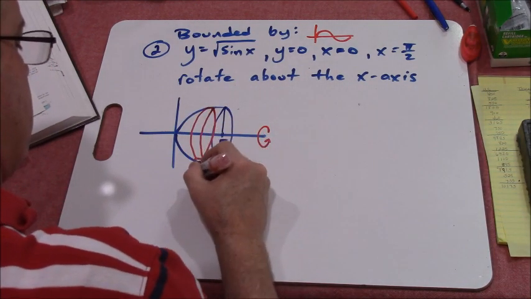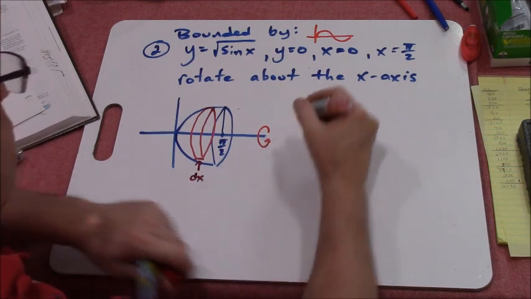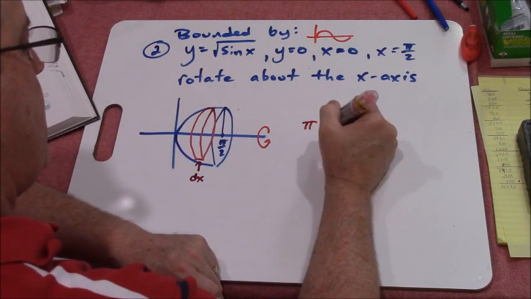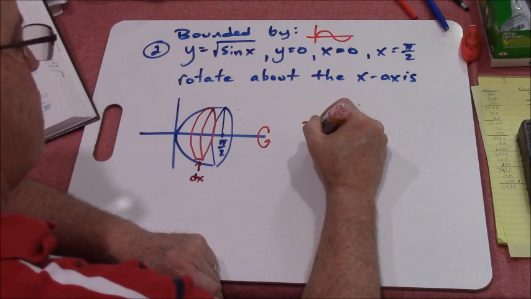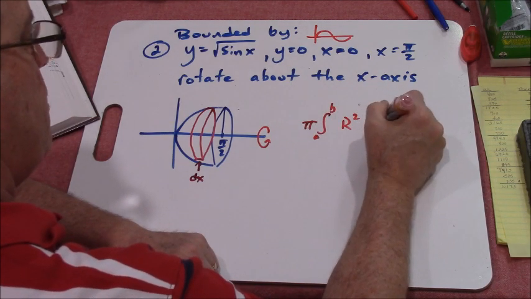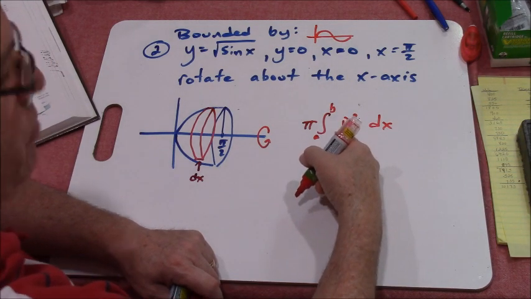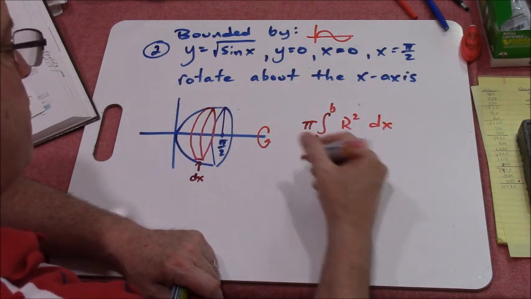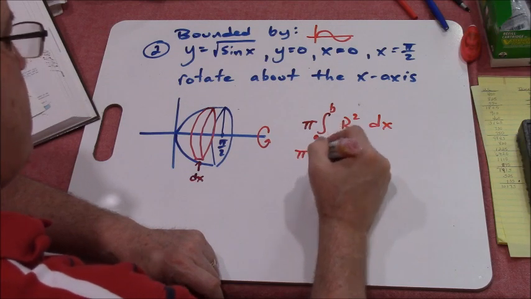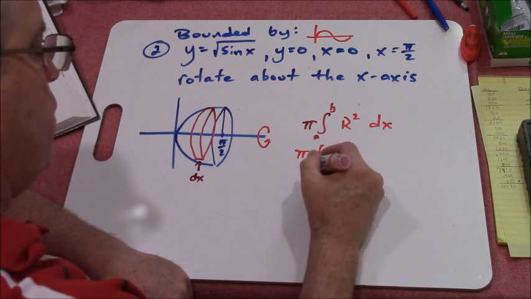My thickness runs in the x direction. And so what I have is pi times the integral from a to b of r squared dx. Right? Disk method. It's not hollow, so we're not subtracting the little radius squared. So this would be pi times the integral from, we're starting at 0 and going to pi over 2.